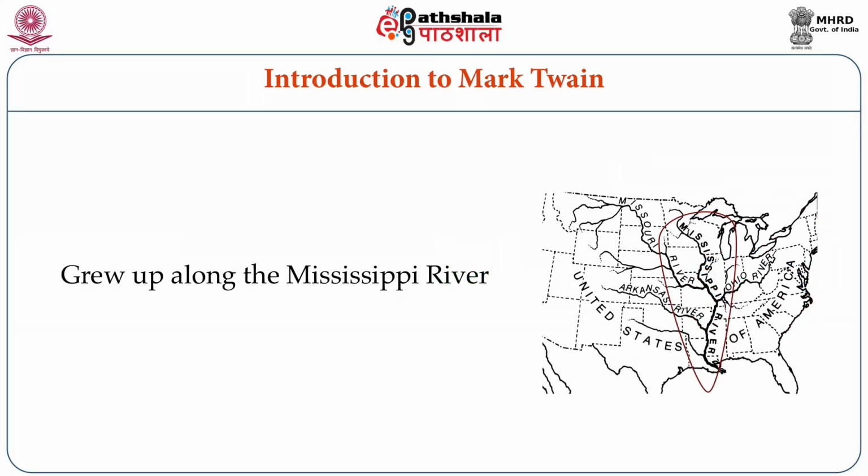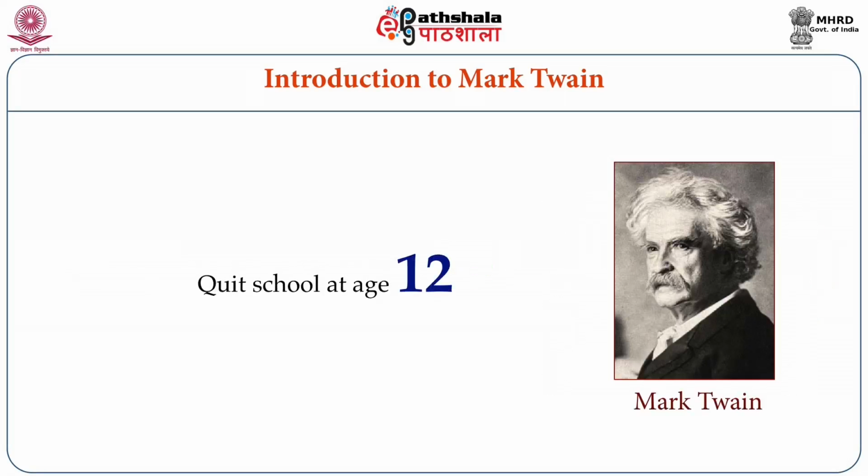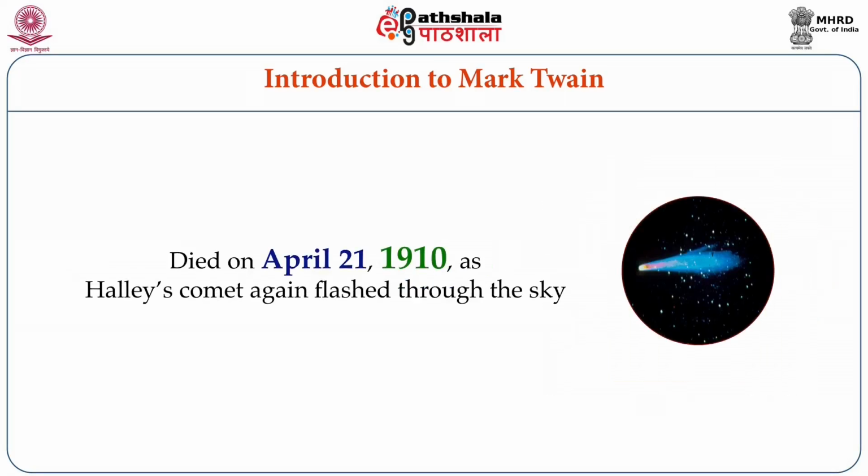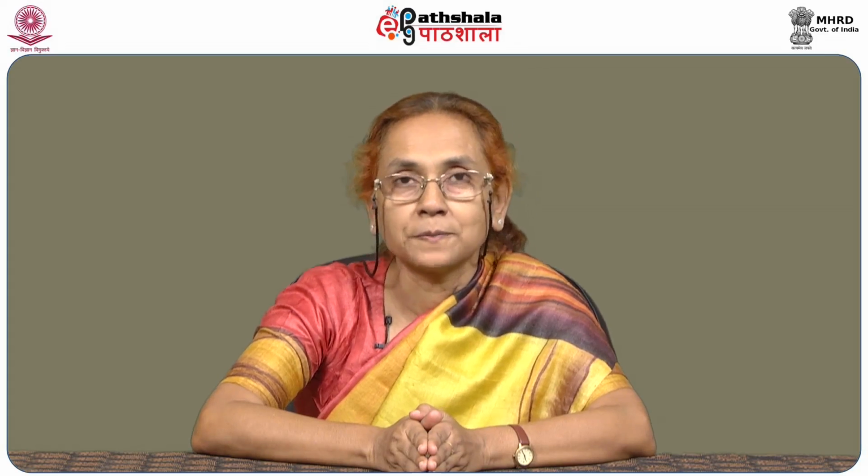He grew up along the Mississippi River, quit school at age 12, and died on April 21, 1910, as Halley's Comet again flashed through the sky. One year before his death, he actually predicted it because he said, I came with Halley's Comet and I want to quit with the comet.